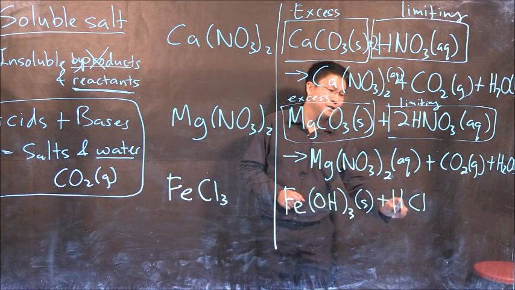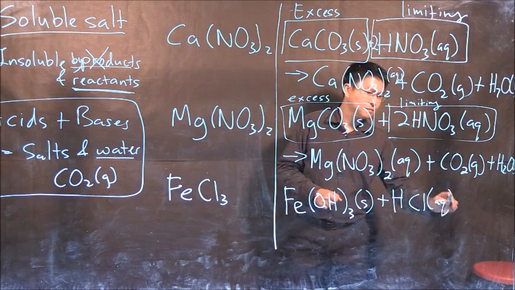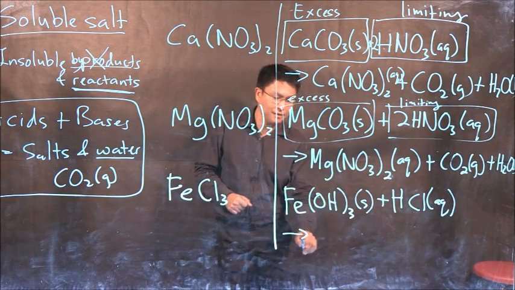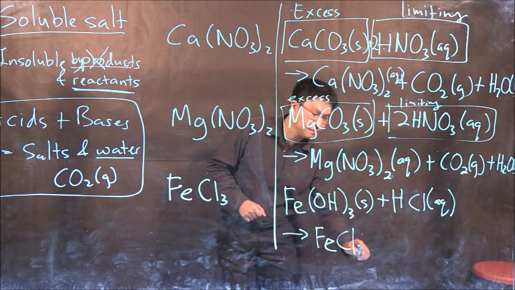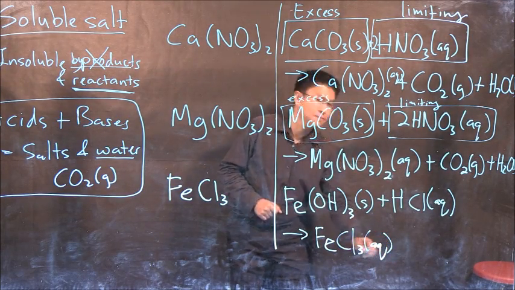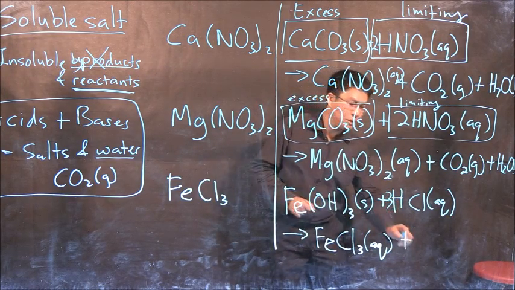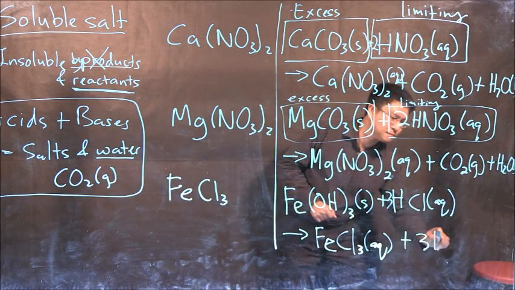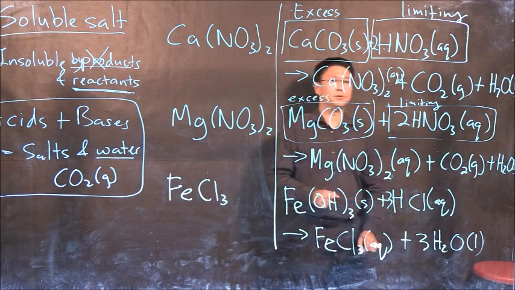So we shall use hydrochloric acid. This will give us iron 3 chloride, which we want, and water, which can be easily removed.